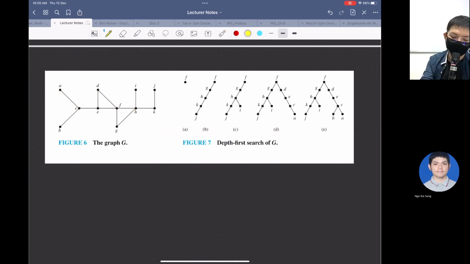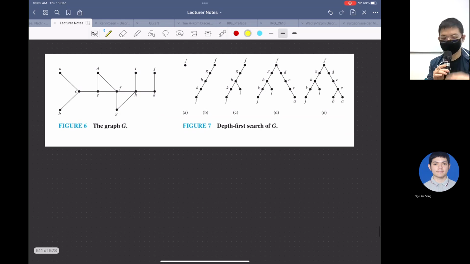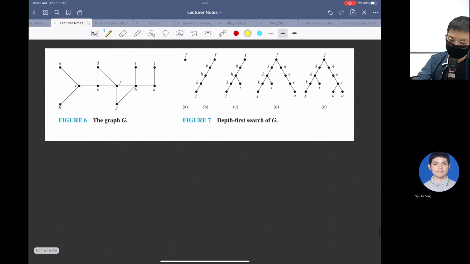Okay, let's try one example together. Which vertex do you want to start with? J. Okay, J. So from J, where can you go?